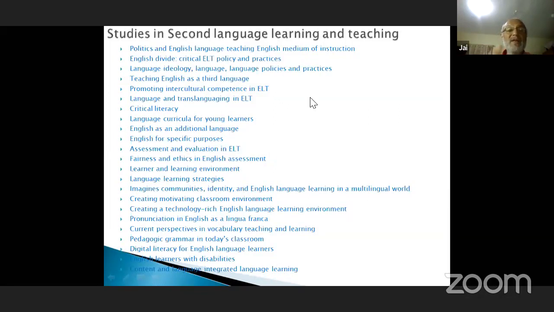So these are the macro areas proposed by Studies in Second Language Learning and Teaching for the 2020 conference. You can match them with the broad categories that Gary has proposed.